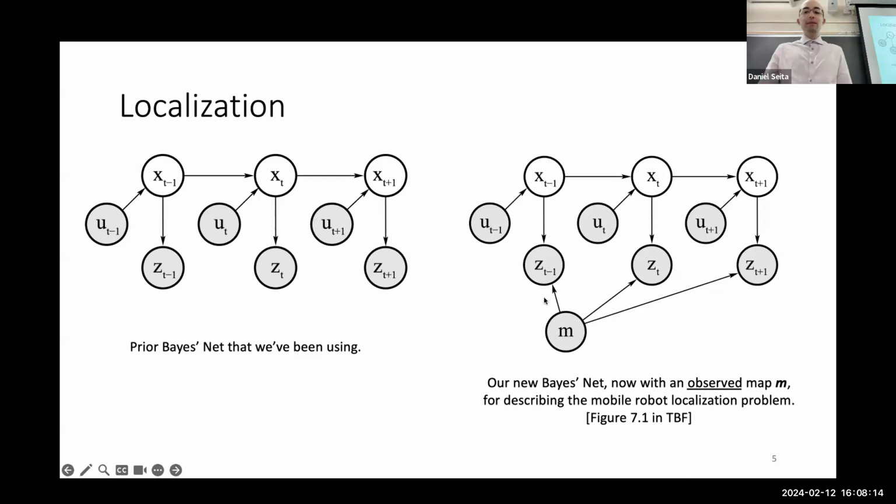We also make the assumption that the map is not changing over time. The map just has this M, so there's no M_t. Usually that seems reasonable, since most maps don't change too much. So we'll just have a fixed map with the arrow that points to the different measurements, because when you have your sensor and take a measurement, it's going to depend on what the map is.